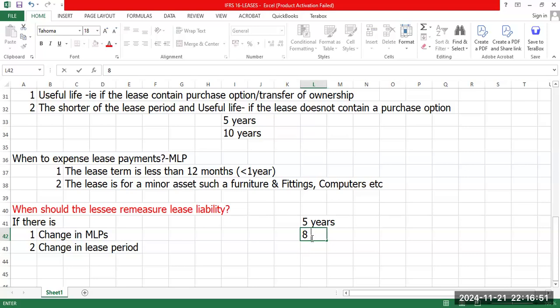They added you 3 more years, from 5 to 8. In such a scenario, you will need to remeasure the lease liability.